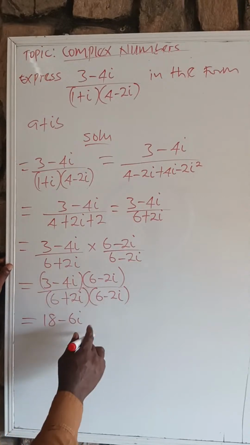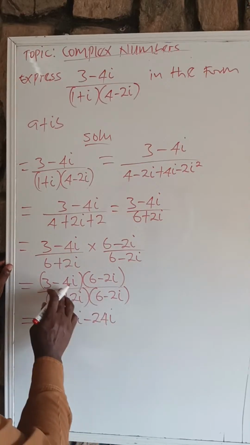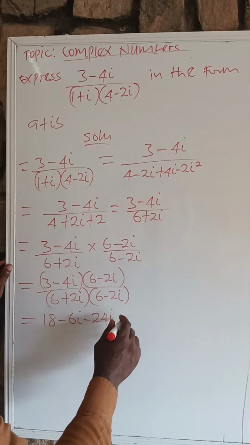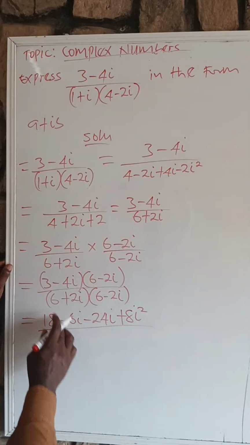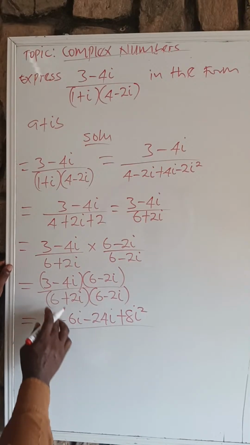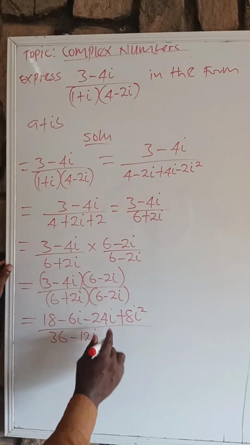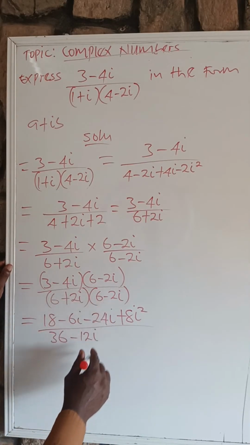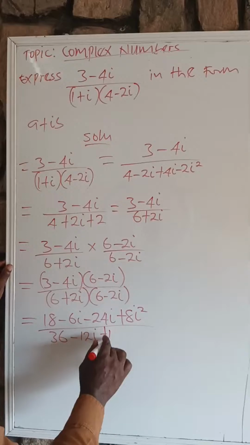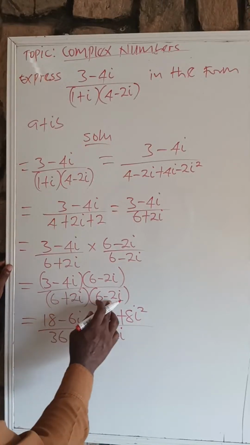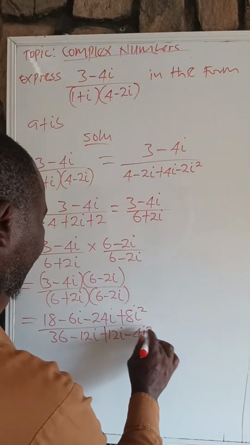Minus 4i times 6 is minus 24i. Minus 4i times minus 2i, plus 8i squared. Then all over 6 times 6, 36, times minus 2i, minus 12i. 2i times 6 is plus 12i, sorry. Here is 12i. Then 2i times minus 2i, minus 4i squared.